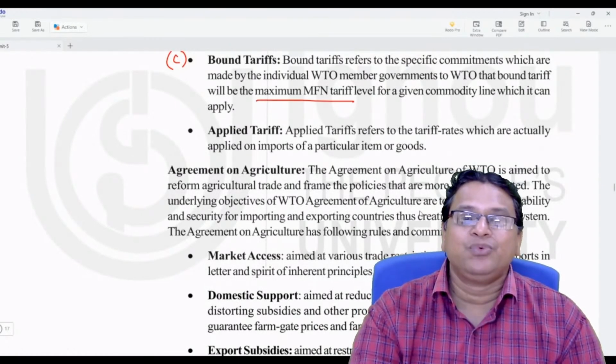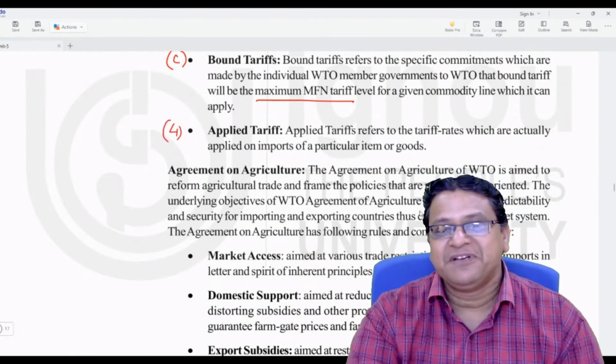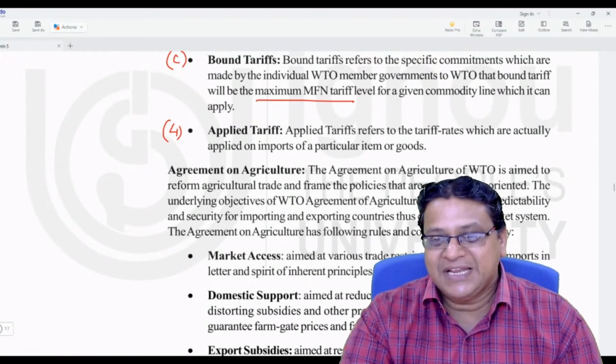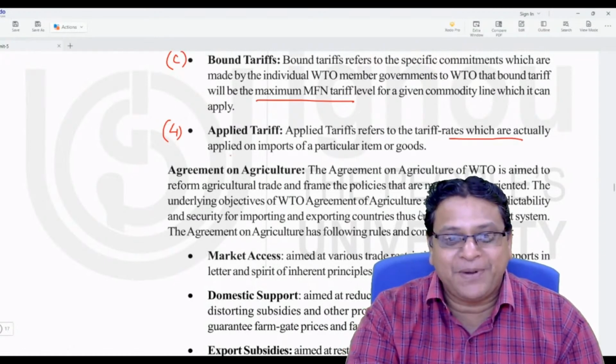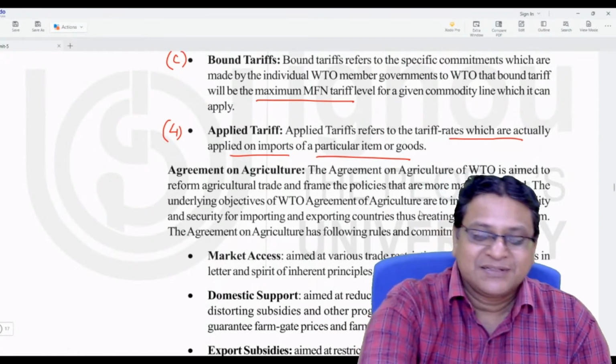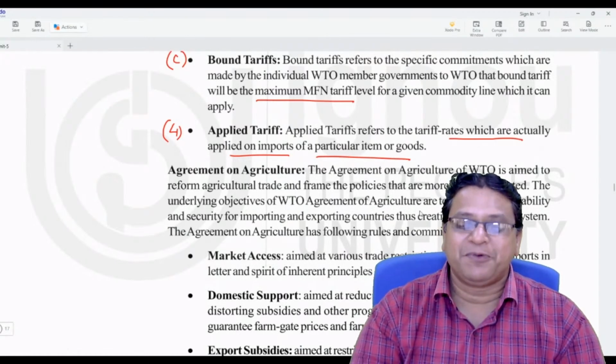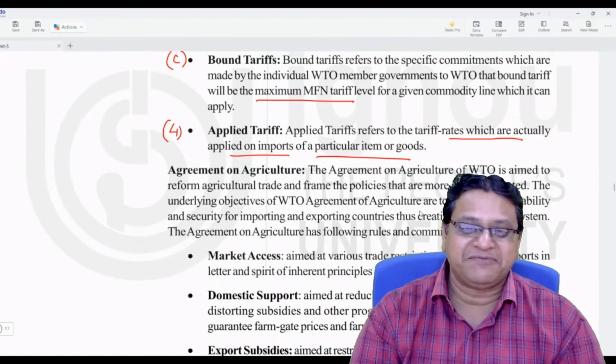That is known as bound tariff. Then there is applied tariff. What is applied tariff? Applied tariff refers to the tariff rates which are actually applied on import of particular goods and services. So there are 4 types of tariffs: MFN tariff, normal tariff, then preferential tariff, then bound tariff, then applied tariff.